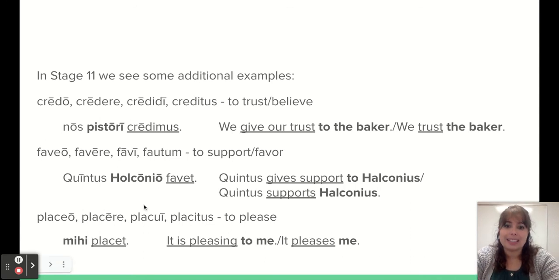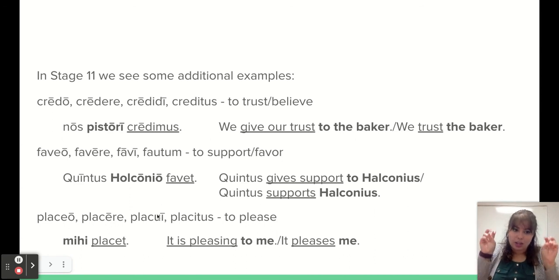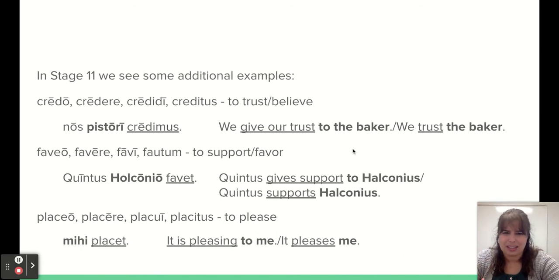These three verbs, the difference is their direct object is going to be that dative with a more indirect object sense because of how the verb functions. That may all be very confusing. We'll see some examples of this in our readings as we continue. But basically, just kind of keep these three verbs in mind and realize that you're going to be seeing them with dative nouns, not with accusative nouns. So that's kind of the main piece there.